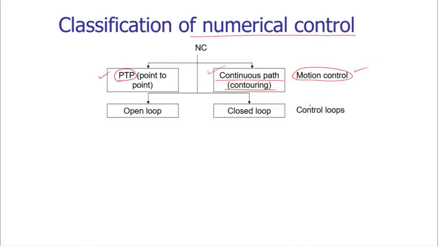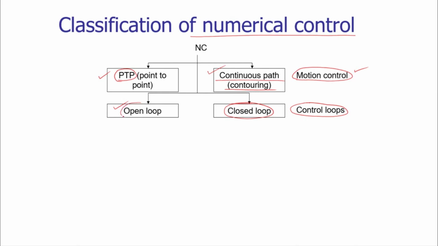Then we can have the classification based on the control loops, whether the system is open loop, whether it is utilizing the feedback from the drives, whether it is utilizing the feedback from the various output devices. The next is the control loops. We can have two types, the open loop and the closed loop.